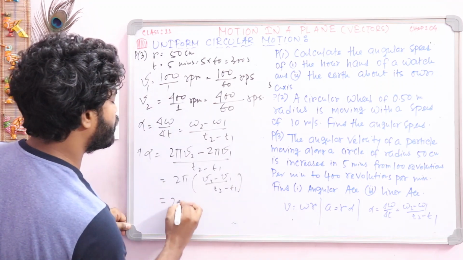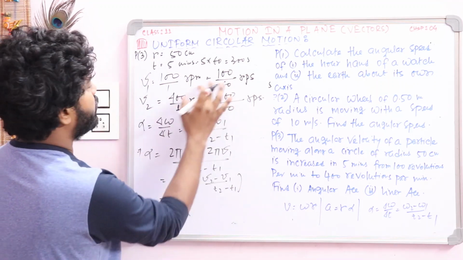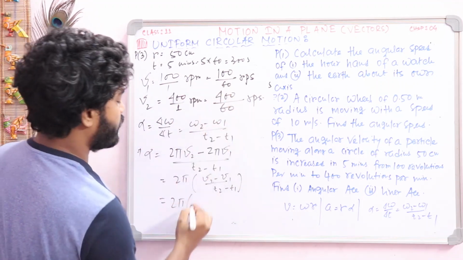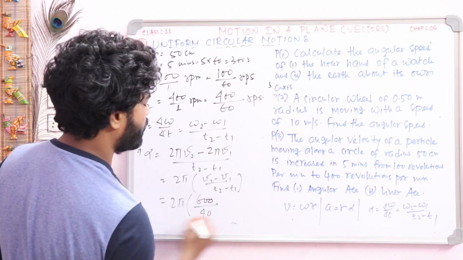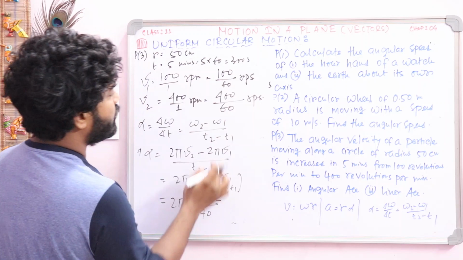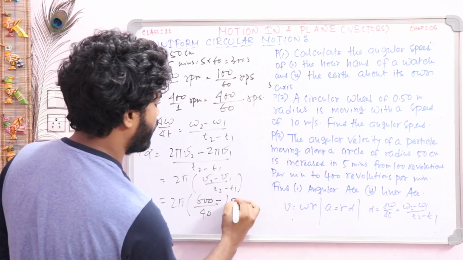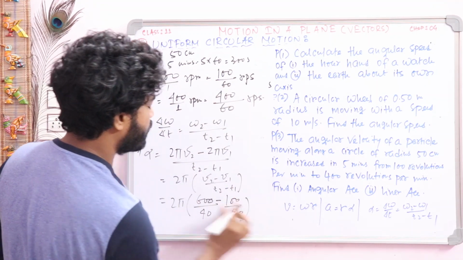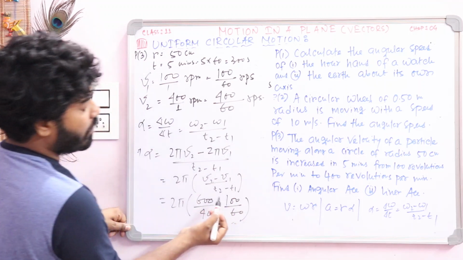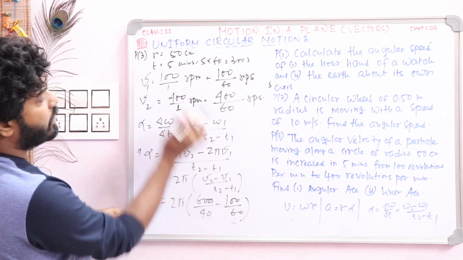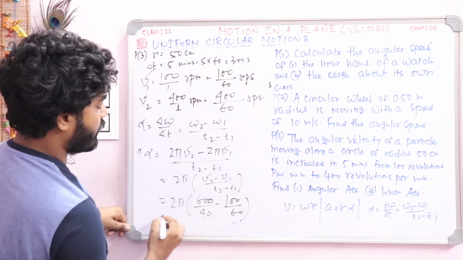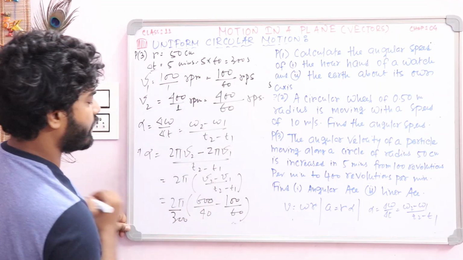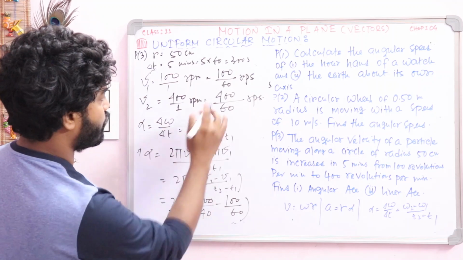Now putting the values, 2 pi into nu 2, that is 400 divided by 60, minus nu 1, 100 divided by 60, and in the lower part there is t2 minus t1, this value is del t, 5 into 60, that is 300.